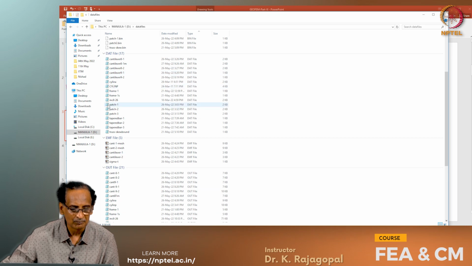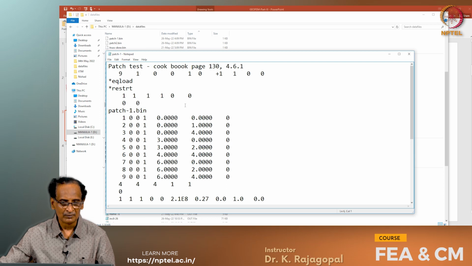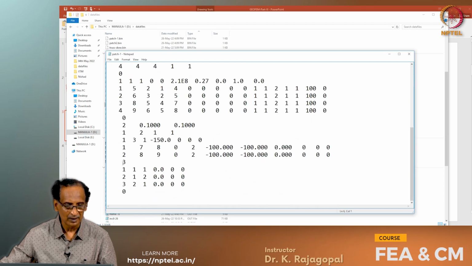Let us prevent the mesh from moving in the other direction by putting one more boundary condition. So, here I am just doing one more thing at node 2.